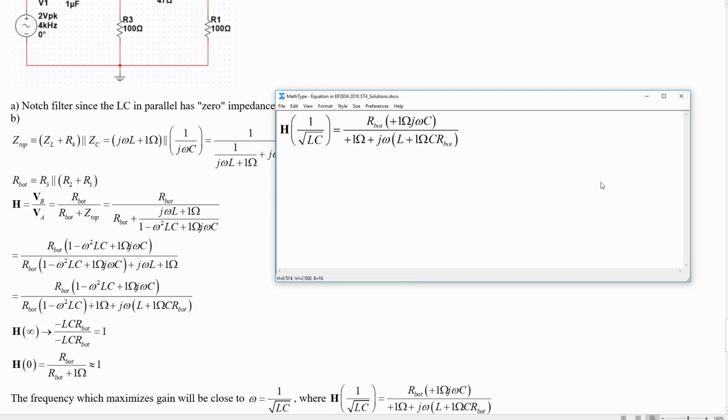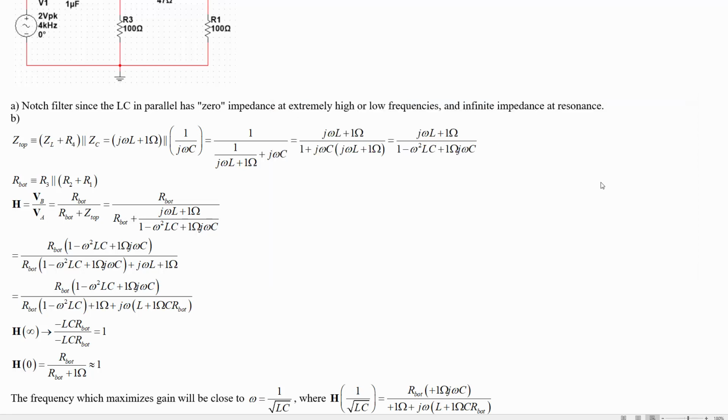So then just to substitute in what we found earlier, we've got this expression, which is not quite 0.